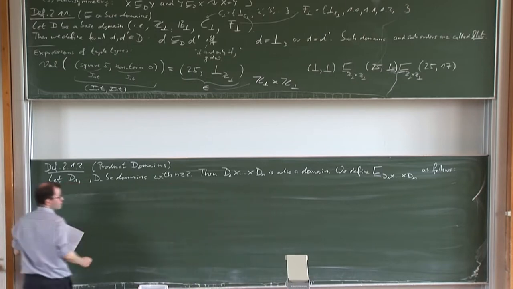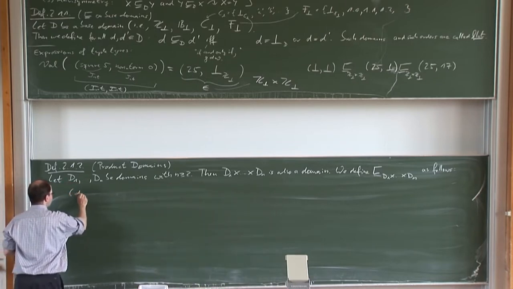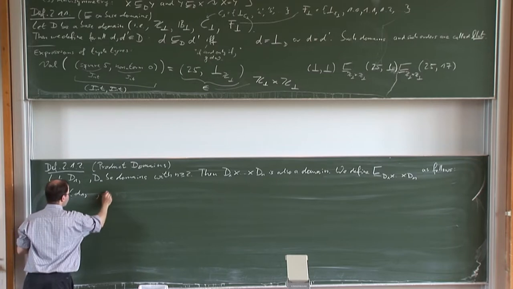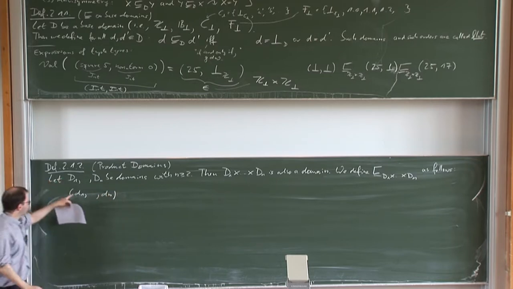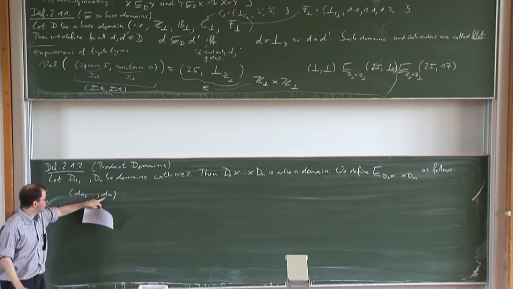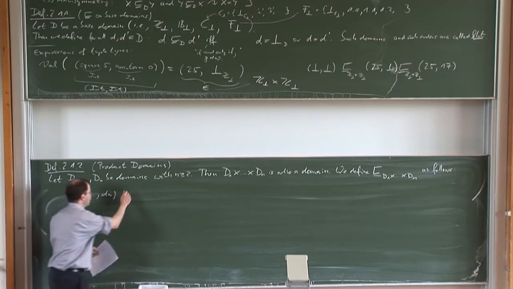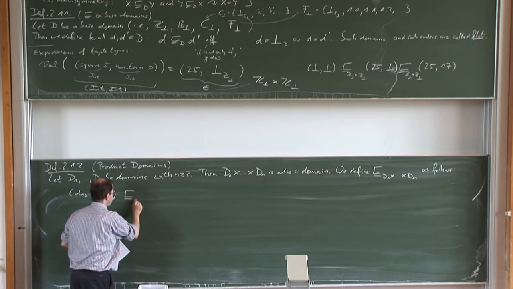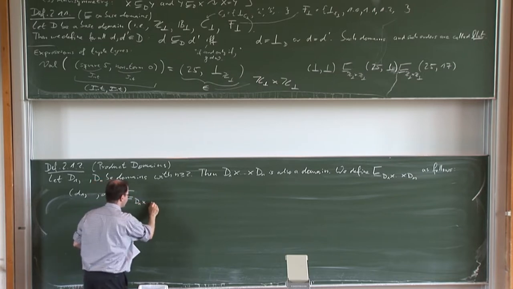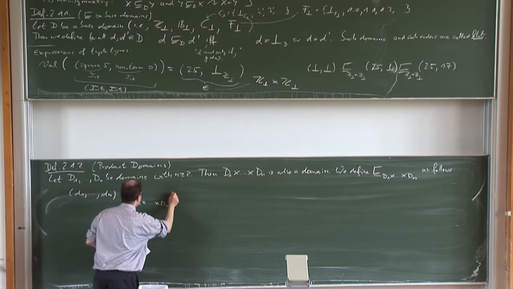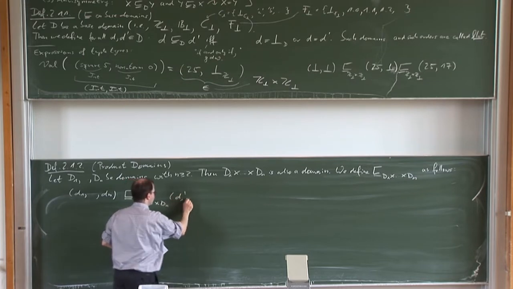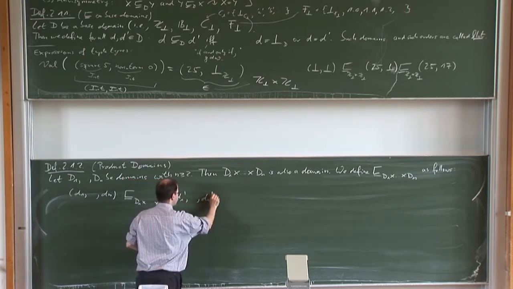Now the elements of this cross product domain are tuples consisting of n components. So small d1 comes from domain d1 and small dn comes from domain dn. And when do we say that this thing is less defined or equal than a tuple d1 prime until dn prime?